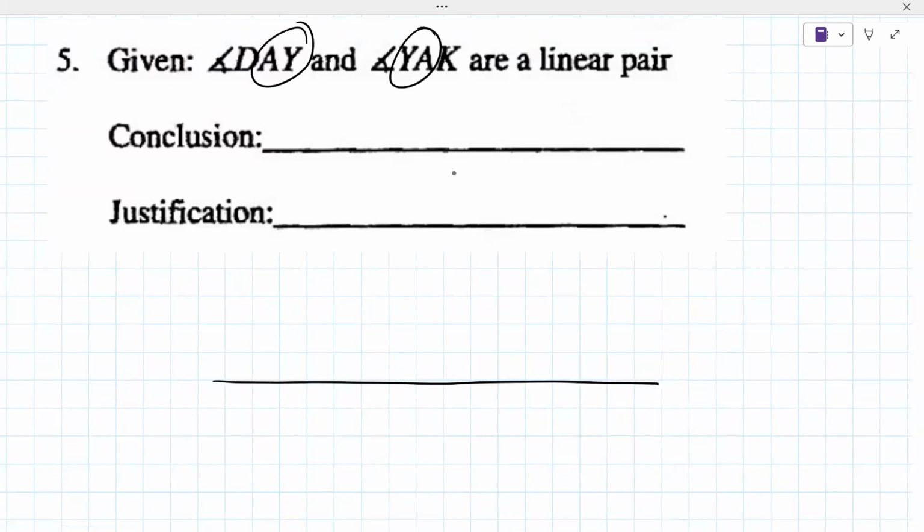There's a straight line, and we're going to make something like this. So D to A to Y. That's the first angle. I've just arbitrarily chosen that. But the letters that overlap have to be on the angle part that they share. And then YAK is there.